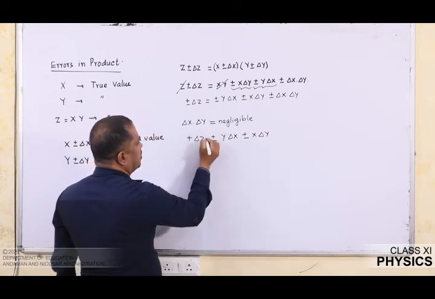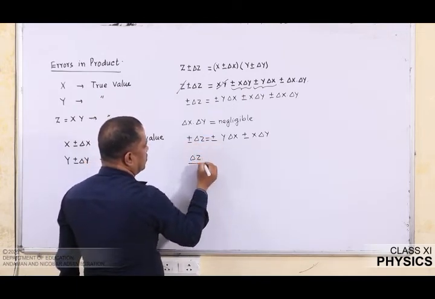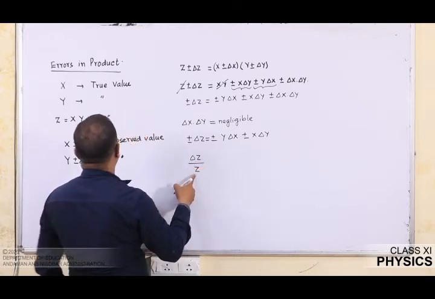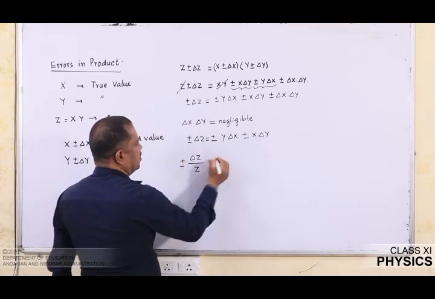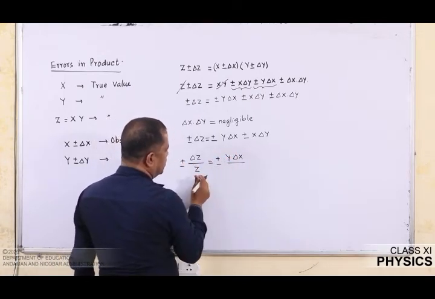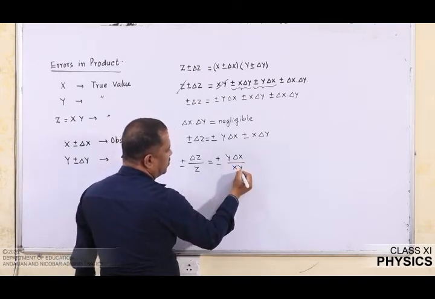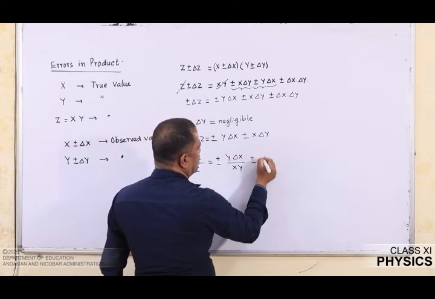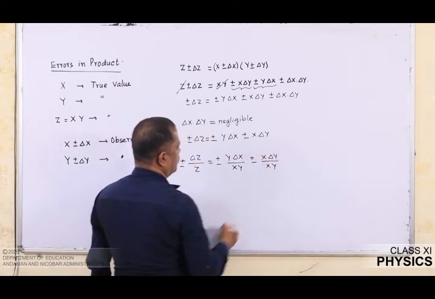I am going to divide both sides by z, where z is equal to x into y. So, this is going to be plus or minus y delta x divided by z, and I know z is equal to x y, plus or minus x times delta y divided by x into y.